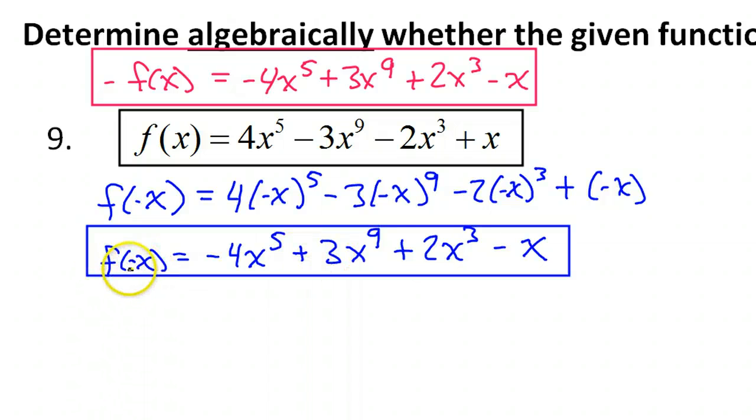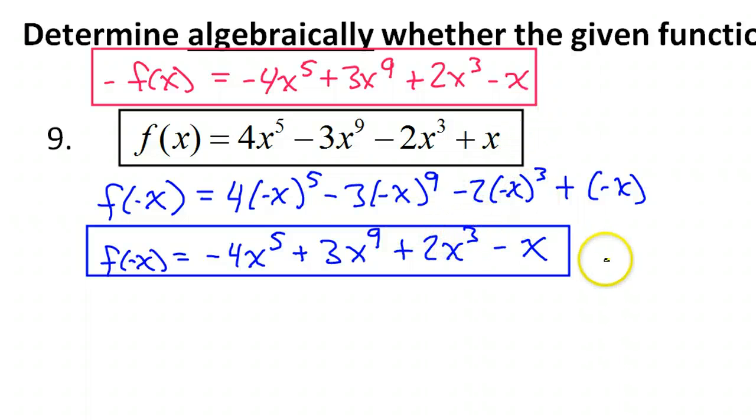So we look at our f of negative x, and we compare it back to the original function and the opposite function. If it's the same as the original function, then that means that it's even. If it matches the opposite function, that means it's odd. If it matches neither, then it's neither. So what's the case here? Well, obviously it's not the same as the original function. But looking at the opposite function, we have negative 4x to the 5th power, positive 3x to the 9th power, 2x to the 3rd power, and minus x.